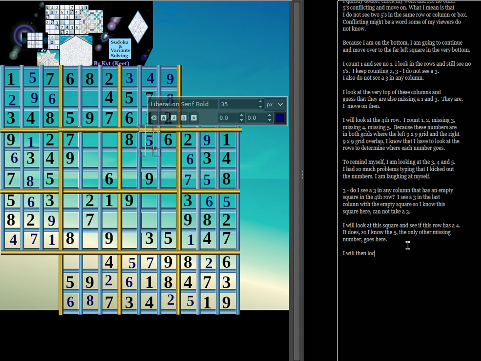I will then look at the next empty square and look for a 4 in the column.